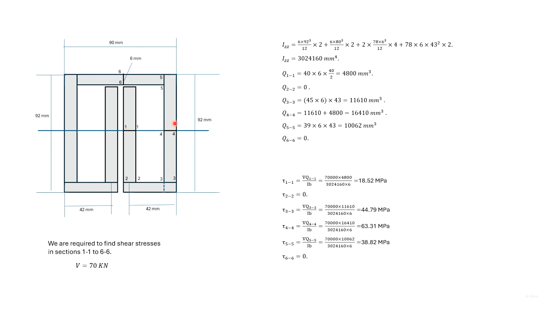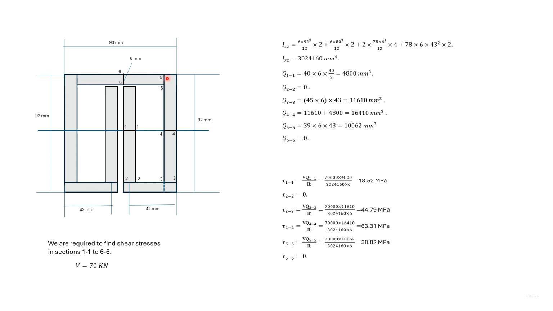Consider section 4-4. We need to find the Q of this whole portion. But for this portion, the Q is 0. So we need to find out the Q for this horizontal portion and this vertical portion. Here we obtained Q for 4.